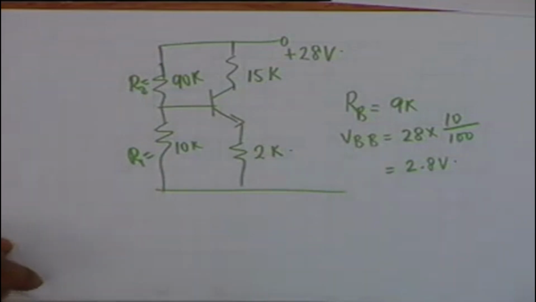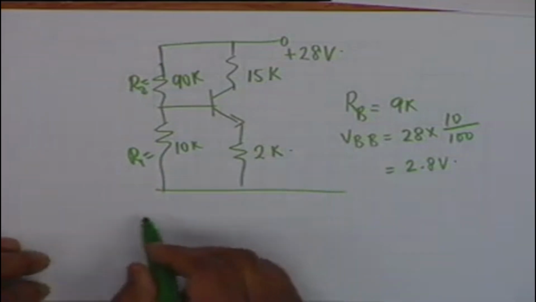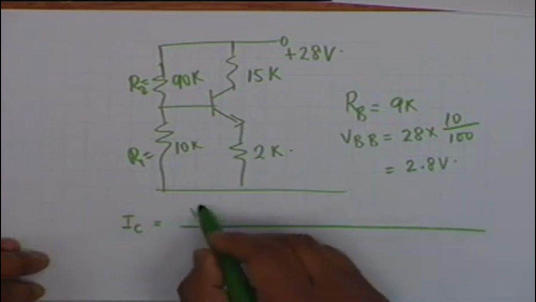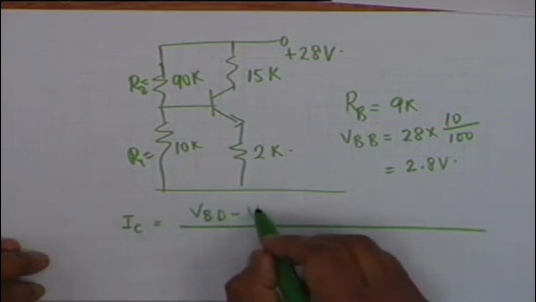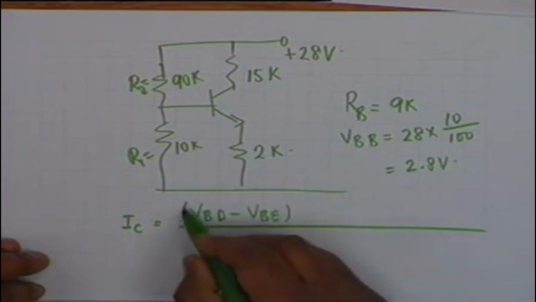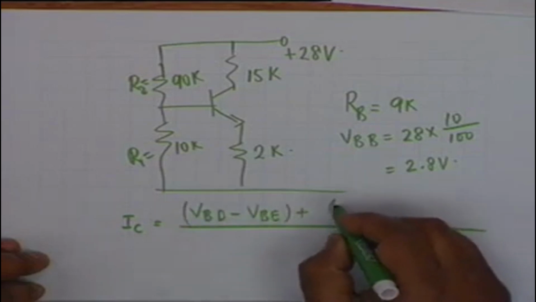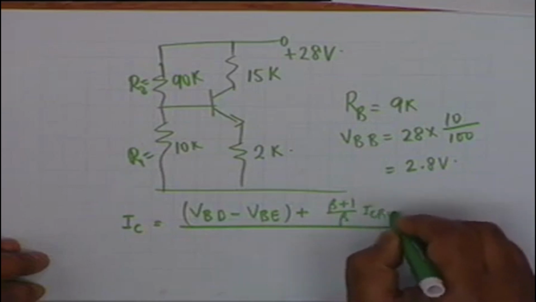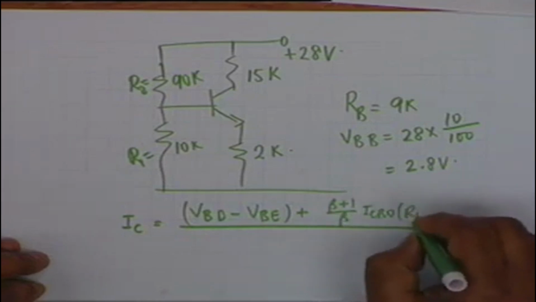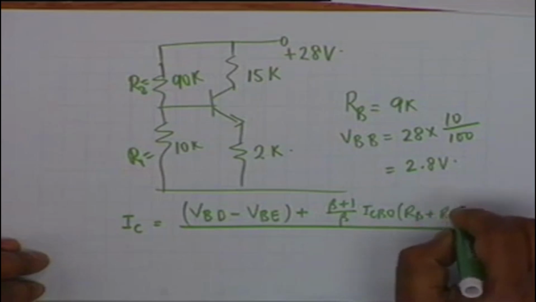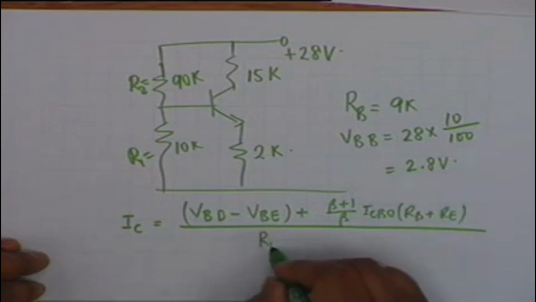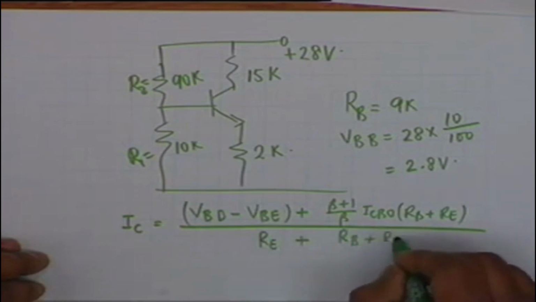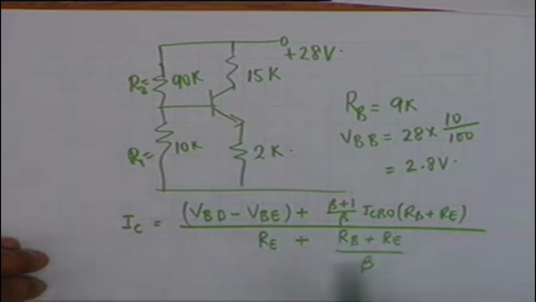Is that okay? Now let us consider the worst case. We recall that I sub C is given by VBB minus VBE plus (beta plus 1) divided by beta, ICBO (RB plus RE), divided by RE plus RB plus RE divided by beta.